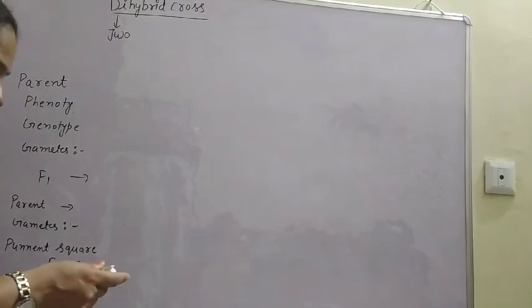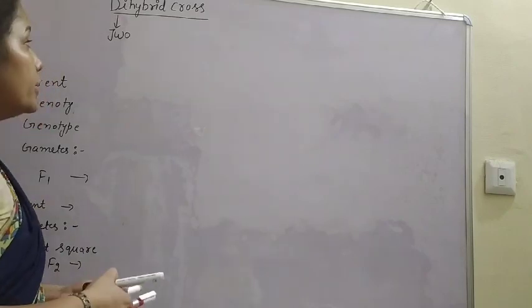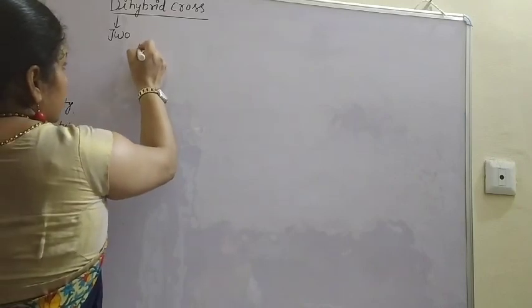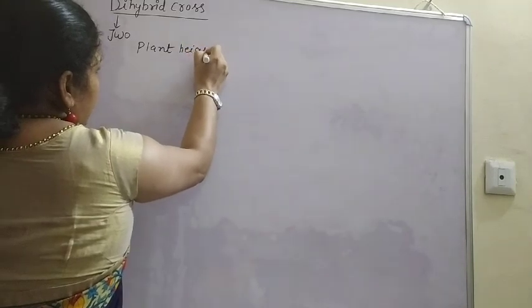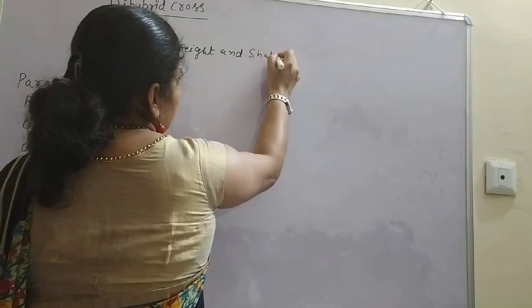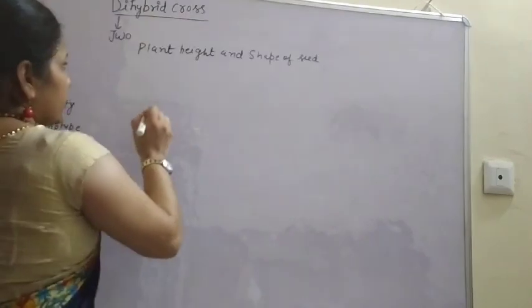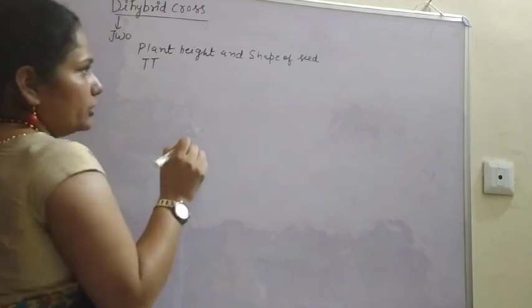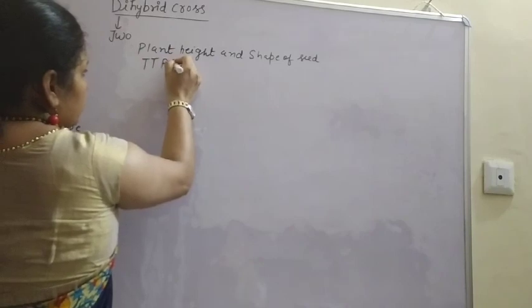Okay, now let us discuss another example of a dihybrid cross. So here we can take plant height and shape of seed. For plant height, the dominant character is tallness, so capital T, and the shape of the seed is round.